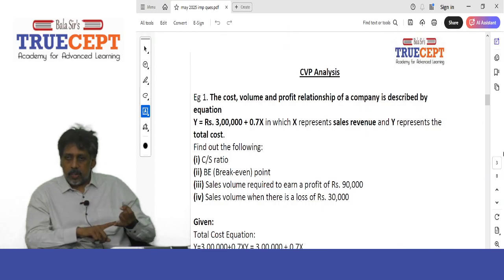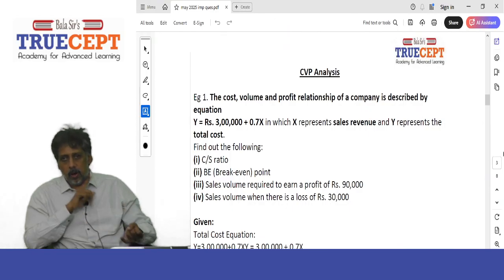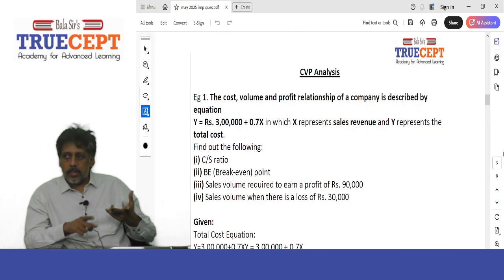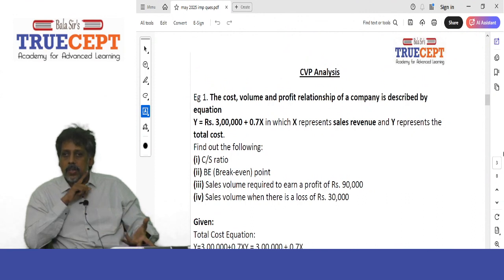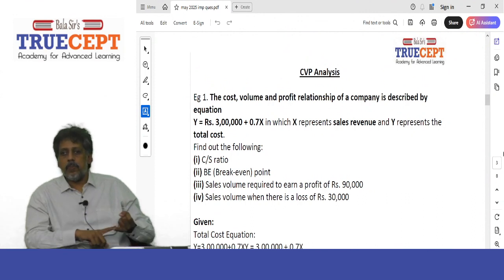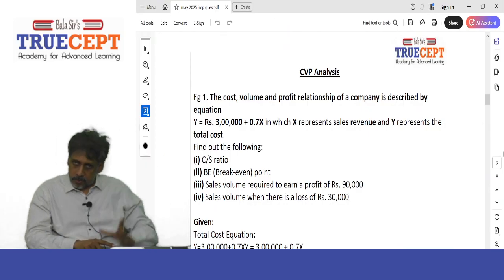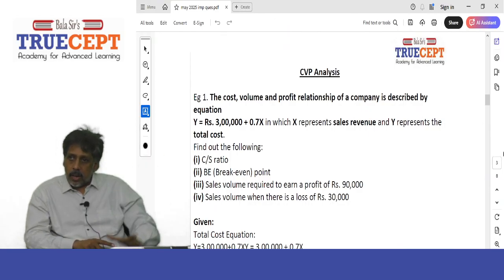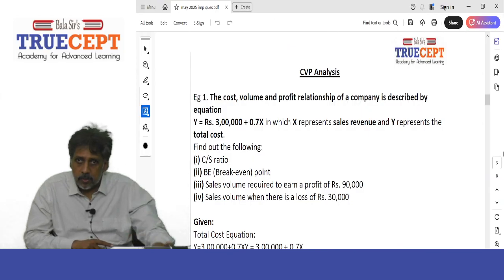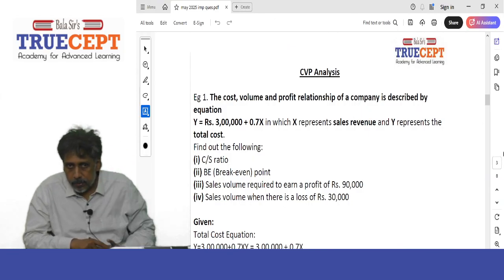The first part is what? Fixed cost. And you have variable cost. That is going to vary with the unit sold or with the sales revenue. In this case, I say y is the total cost.